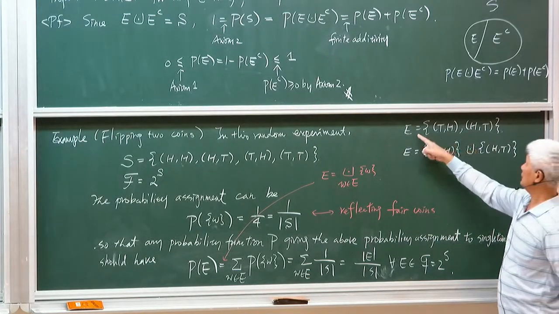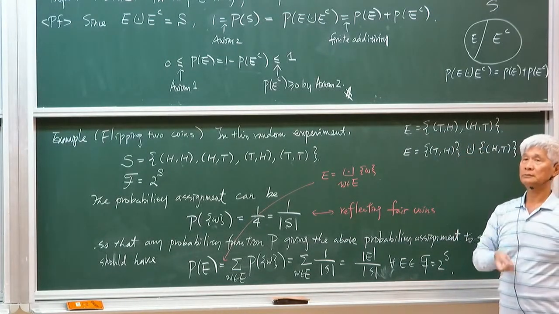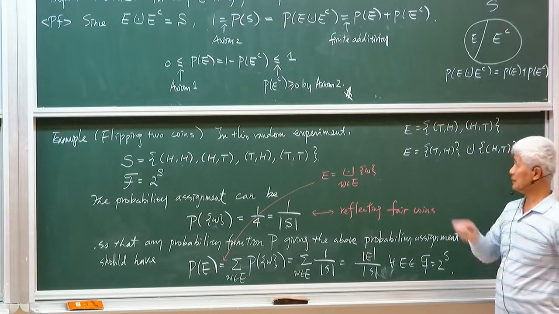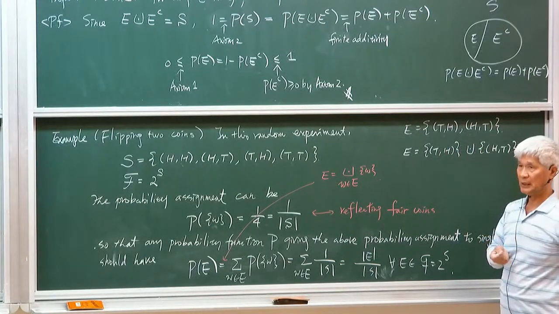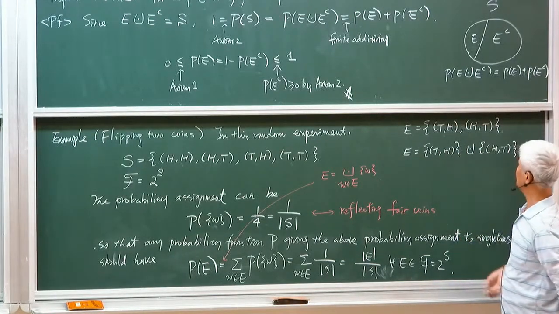Because E has two elements, so E consists of two outcomes. And so E is here, okay?